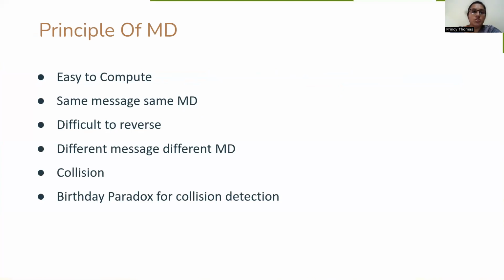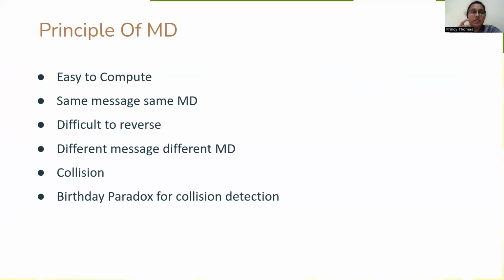Now, what are the principles of a message digest? One, it should be easy to compute. The same message must always give the same message digest. It should be difficult to reverse, that is, from the message digest it should not be possible to predict the message. A different message must give a different message digest. And it should be collision resistant.